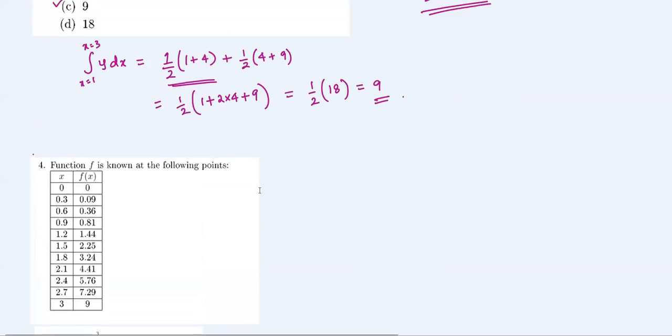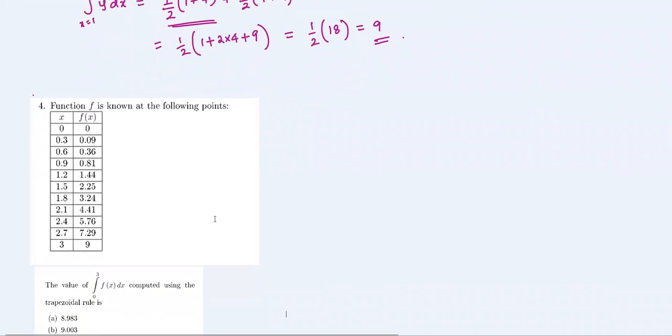What is the value of integral 0 to 3 computed by trapezoidal rule?